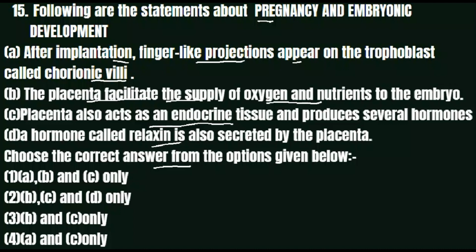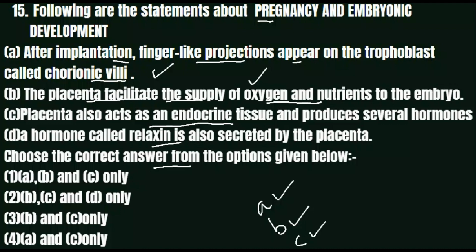So we'll see which all are correct statements. After implantation, finger-like projections appear on the trophoblast called chorionic villi. That's correct statement. So A is correct. Next is the placenta facilitate the supply of oxygen and nutrients to the embryo. That is also correct. So B is also correct. Statement C is the placenta also acts as an endocrine tissue and produces several hormones.